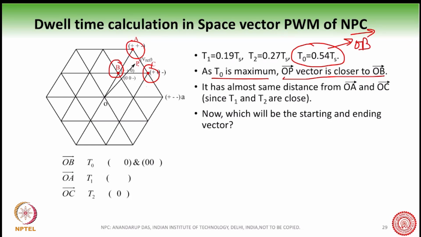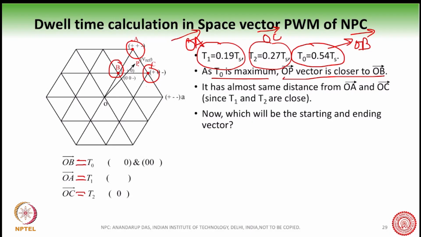We are standing in OB, and the rest is, so OA vector is here. We are switching the OA vector, and here we are switching the OC vector. Okay, OA for T1 duration, OC for T2 duration, and OB for T0 duration.